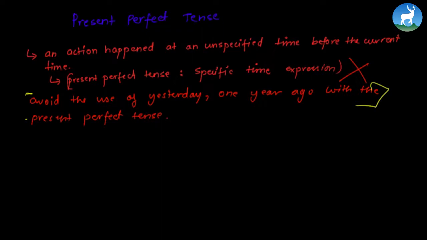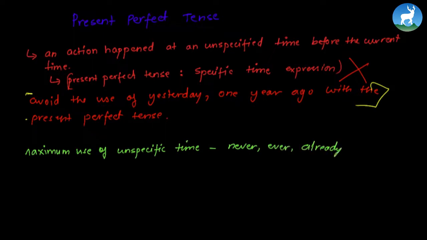We use this tense with unspecific time expressions such as ever, never, once, already, yet, several times, etc. So make the maximum use of unspecific time like never, ever, already, yet, several times, etc. So let's look at an example.